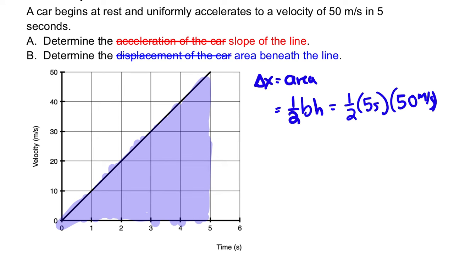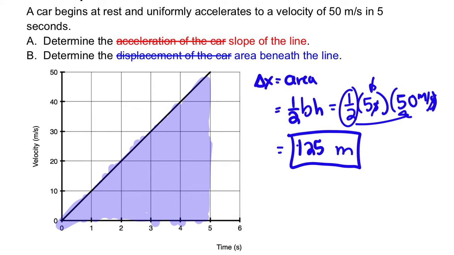Now what happens here with the calculation is the seconds will cancel out, which leaves us with meters left. Half of 50 is 25, and then the 5 left over times the 25 should give us 125 meters.